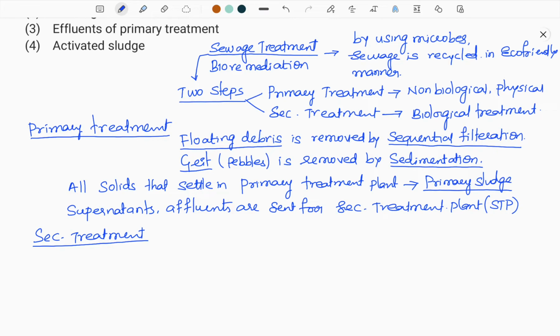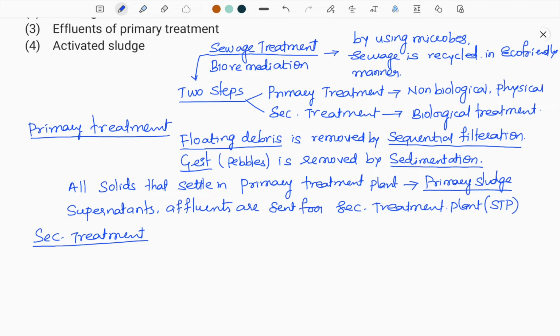Generally, a water body is polluted due to accumulation of organic matter. This organic matter has to undergo degradation, oxidation, and oxidation takes place in the presence of oxygen. But when oxygen availability is less or nil, that organic matter does not undergo oxidation, or undergoes it very slowly, which leads to pollution of the water body.